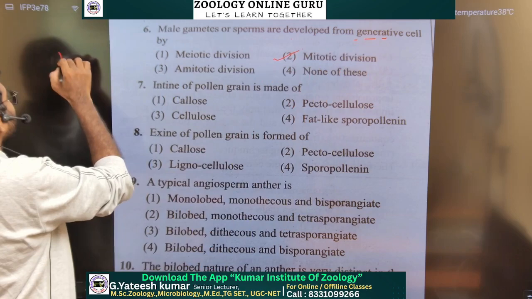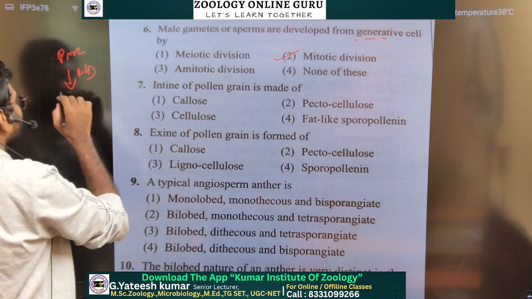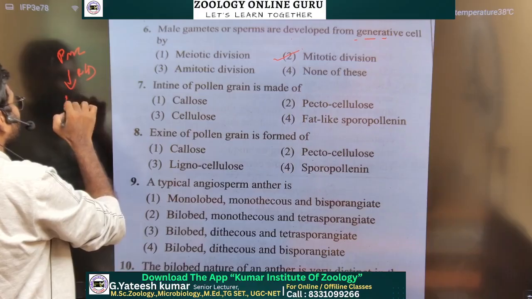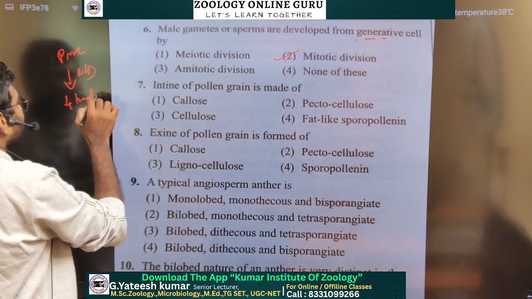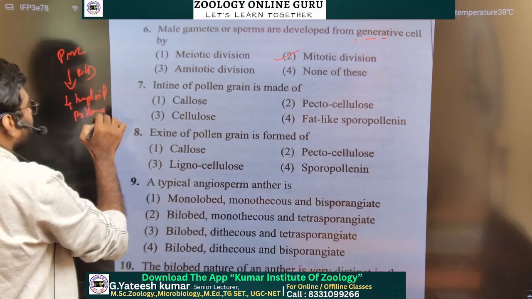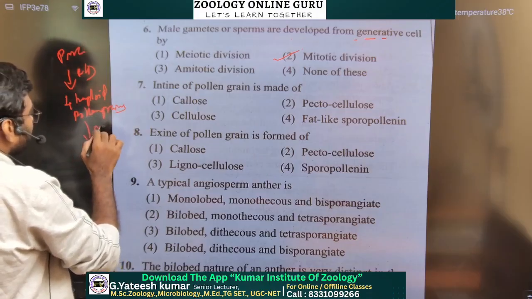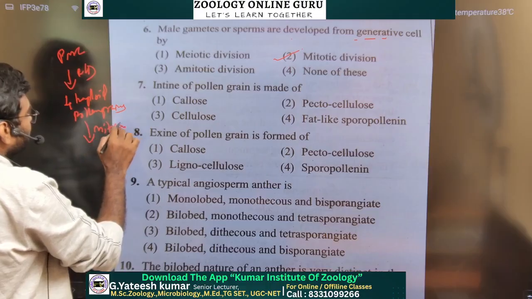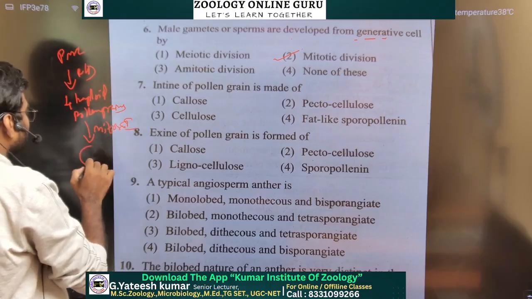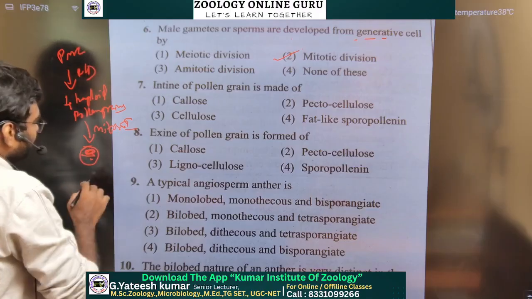The pollen mother cell undergoes meiosis division to produce 4 haploid microspores or pollen grains. Each pollen grain undergoes mitosis division 1 to produce a vegetative cell as well as a generative cell.